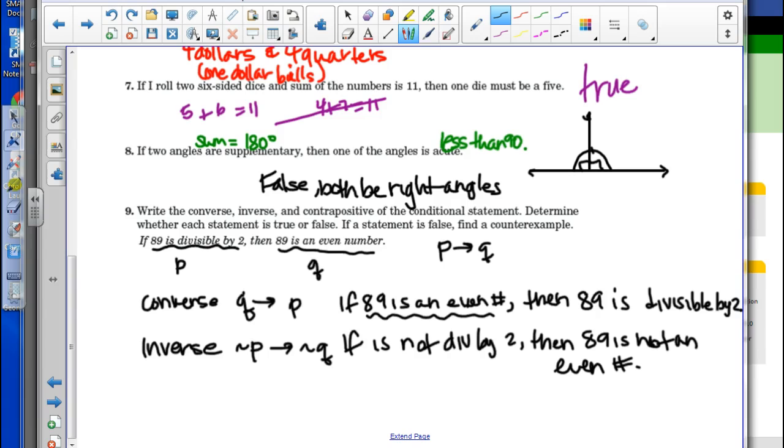True, right? If 89 is not divisible by 2, then 89 is not an even number. All right, that is true.